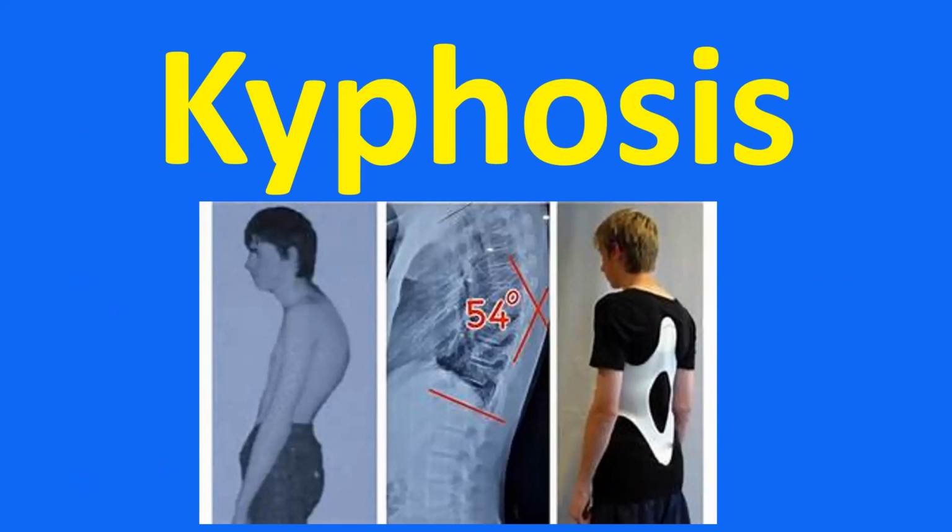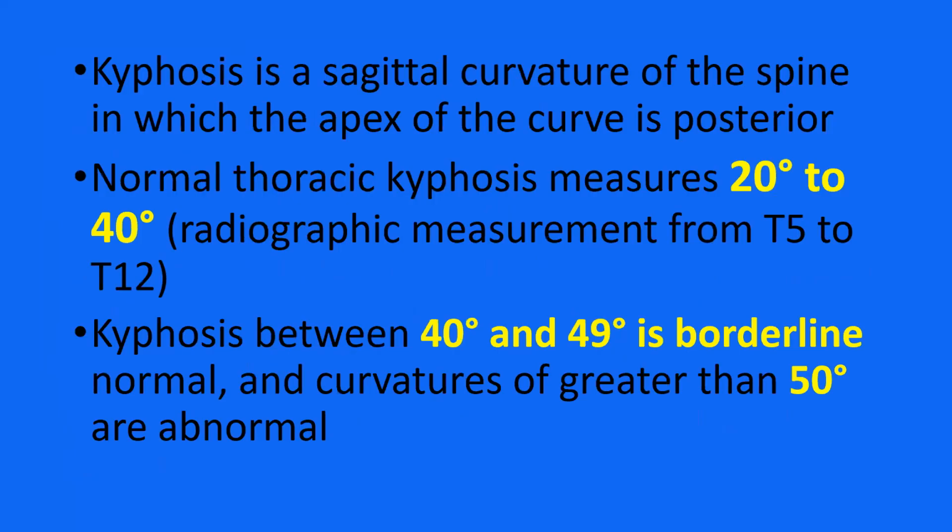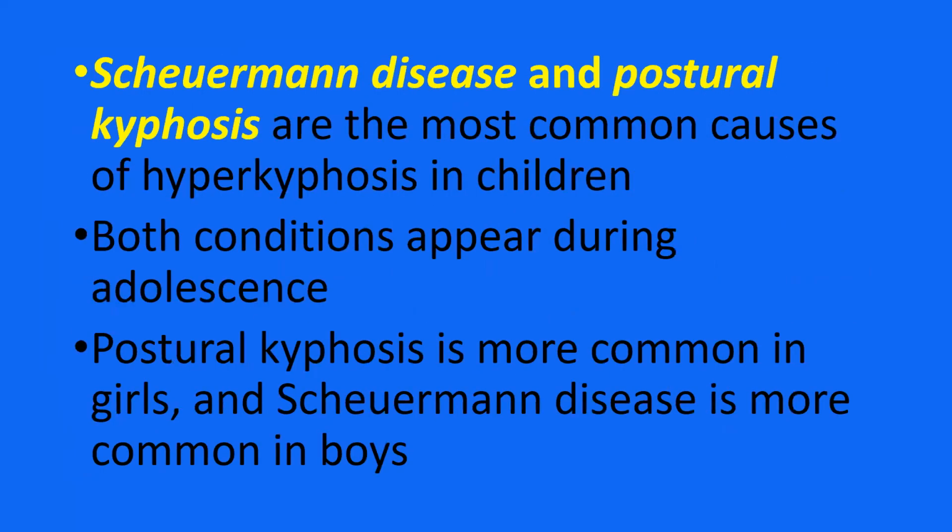Kyphosis, I want you to know about Scheuermann's disease and postural kyphosis. For Scheuermann's, you need 3 vertebrae with 5 degrees of wedging each, above each other. It can occur in the thoracic spine and lumbar spine or thoracolumbar spine.